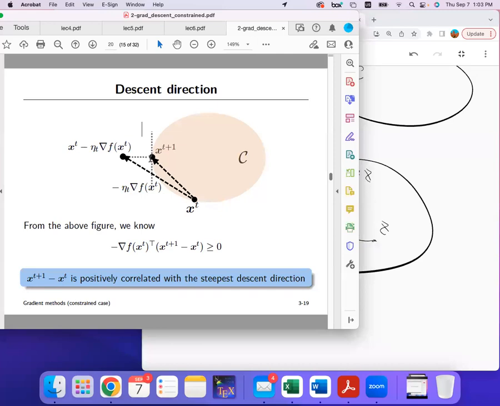In many cases, the optimization parameters that you are looking for, based on your prior knowledge, may be within a certain constraint set. For example, for probabilities, they are between 0 and 1.